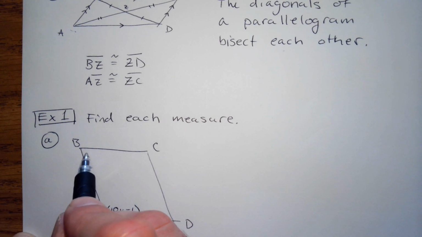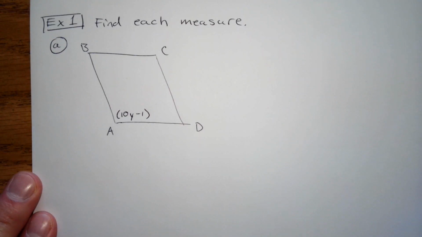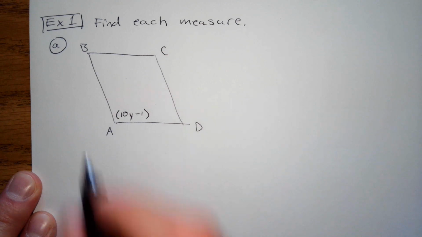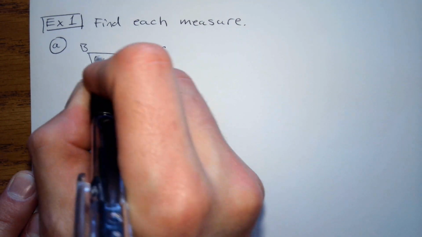That's an angle, 10y minus 1 down there. And we have 6y plus 5, that's also an angle.